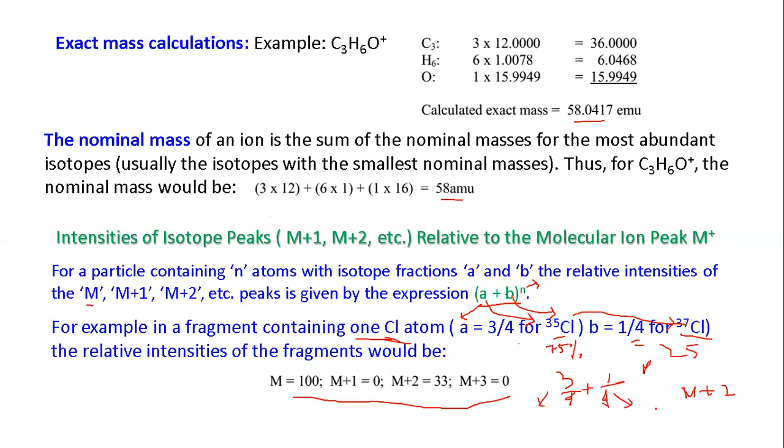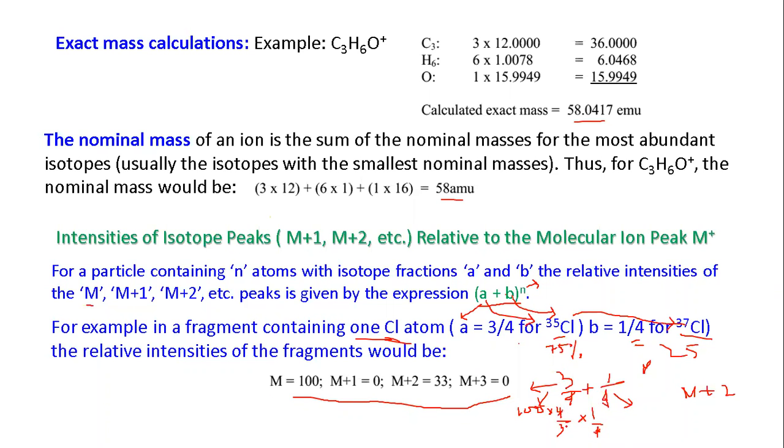Now, how am I considering the percentage? This is M, so you make it 100%. That means you multiply by 100 into 4 by 3. If you multiply the whole system, this becomes 100, and this becomes 1 by 4 into 100 into 4 by 3.